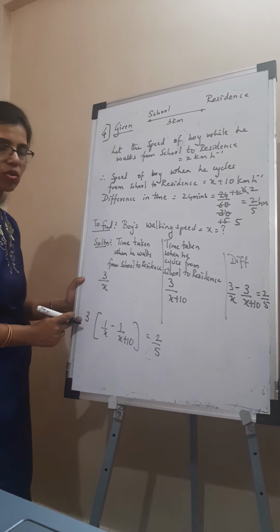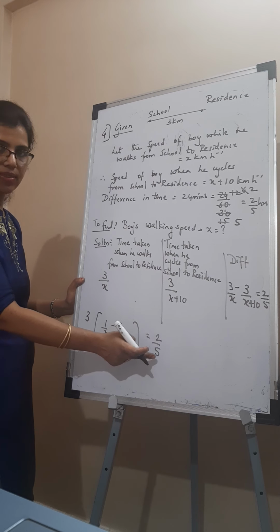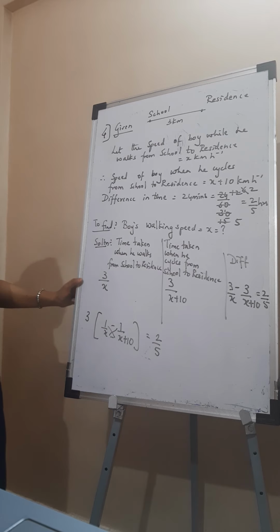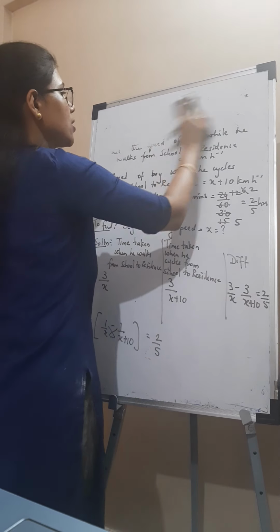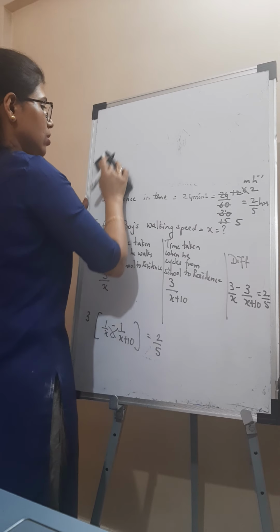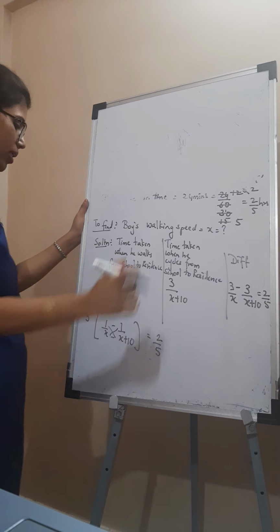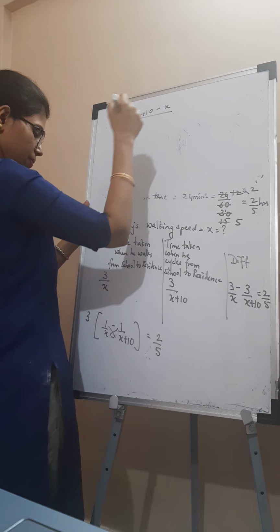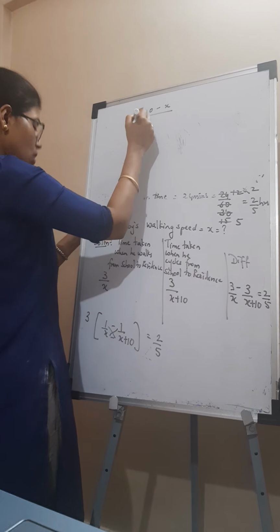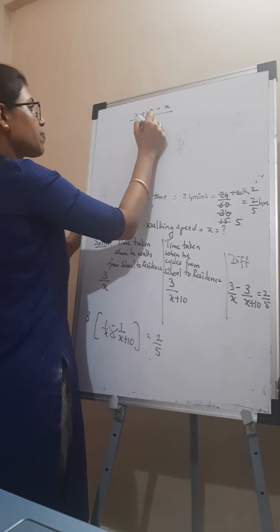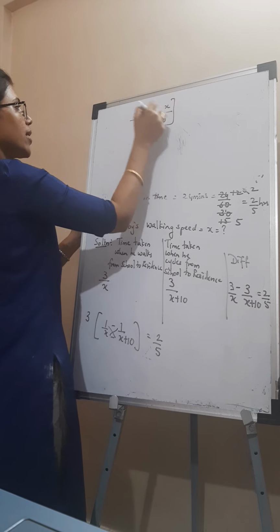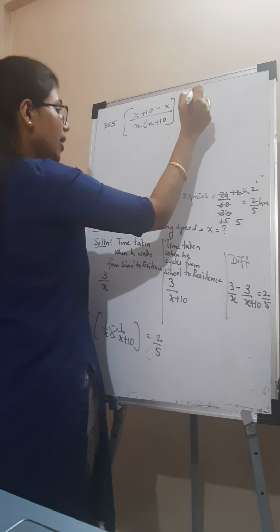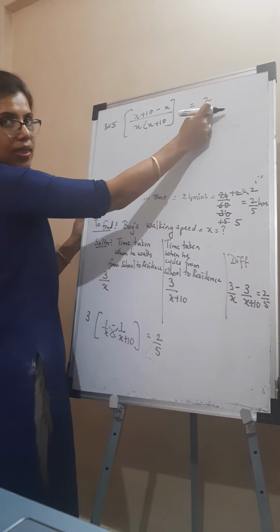You cannot cancel 2 and 3, so you will keep 2 as it is. You will bring 5 over here and equate the denominator. So here I will get x plus 10 minus x upon x into x plus 10, and outside the bracket I am going to write 3 into 5, and here inside is equal to 2.